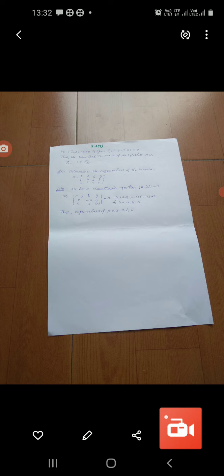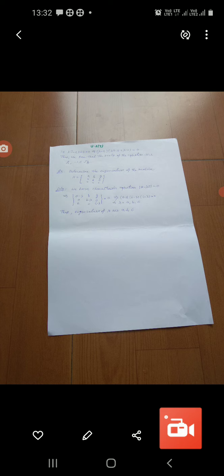So we take λ minus 2 in one bracket, and the rest is λ square plus 2λ minus 2 equal to 0. Thus we see that the roots of the equation are 2 and minus 1 plus minus root 3. This is very simple, and it is sometimes asked in your exam, so prepare this.